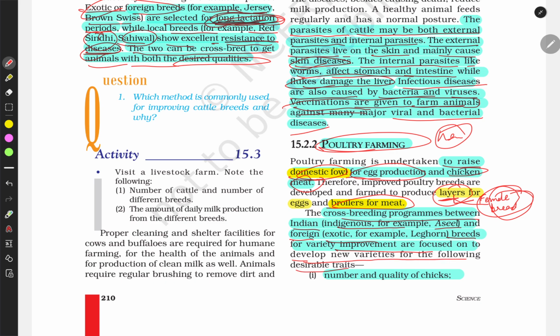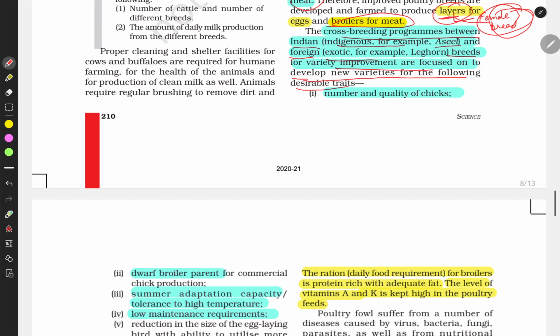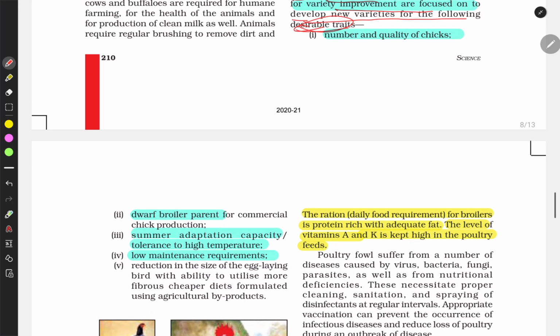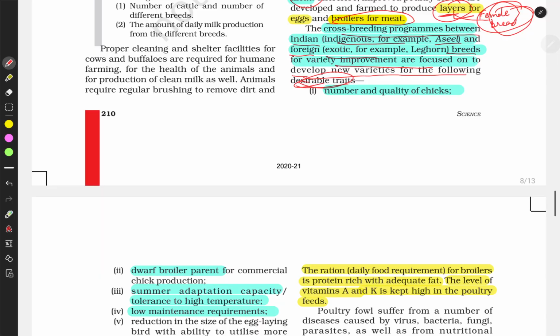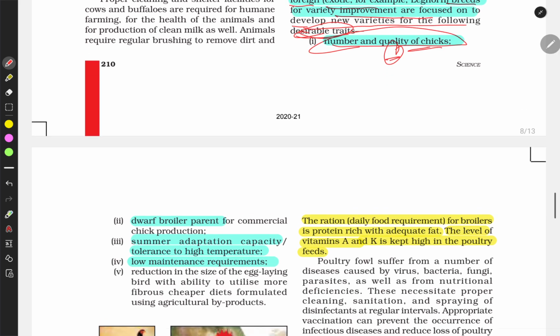So both indigenous and foreign breeds of hens are mixed to achieve desirable traits in their offspring. What are these desirable traits? Number and quality of chickens. They should produce more chickens, and they should also be of good quality, disease free and all that.